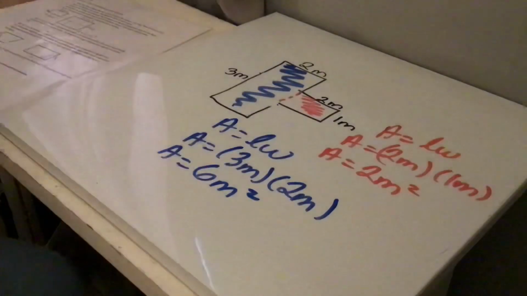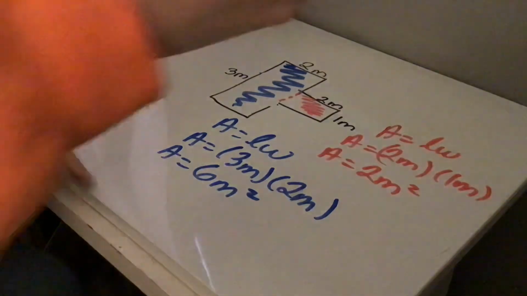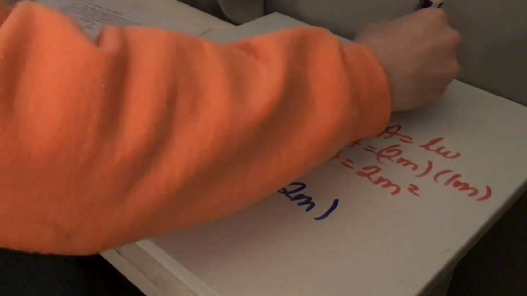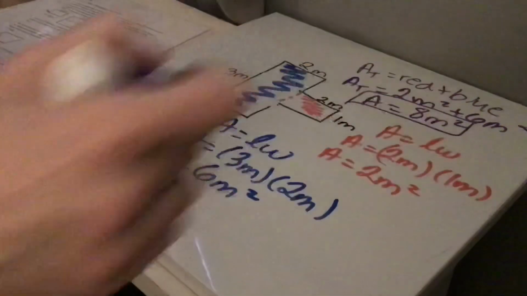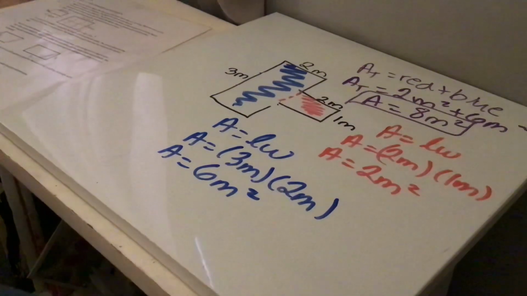So if the blue is 6 square meters and the red is 2 square meters, then we're going to add them up and say that the total here is the red plus the blue. So that's going to be 2 square meters plus 6 square meters for a total area of 8 square meters. And that allows us to find the area of any figure that's a parallelogram or a rectangle or a combination of the two.